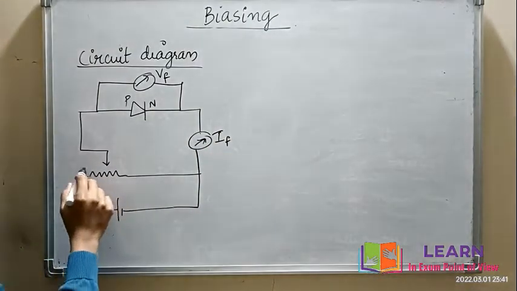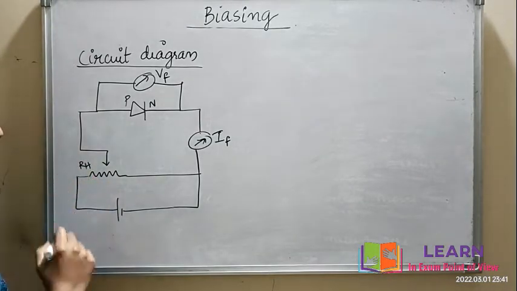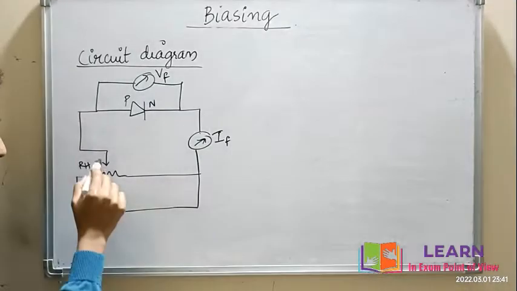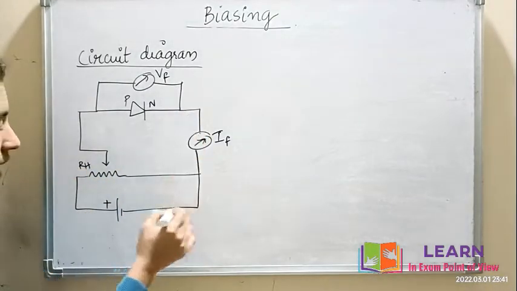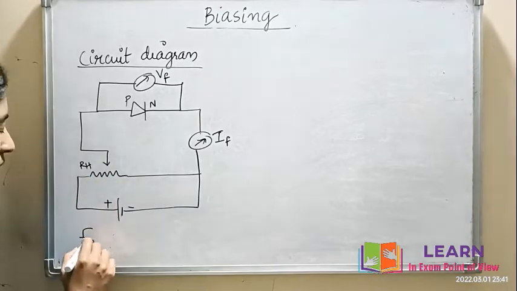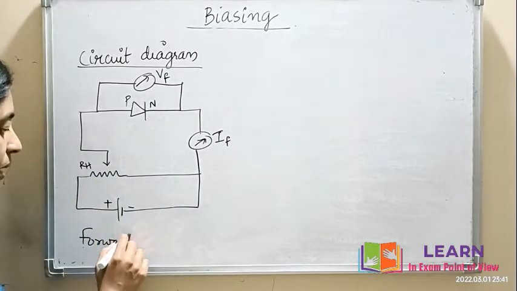And here a rheostat is connected for variable resistance, and the P-type is connected with the positive terminal, N-type is connected with the negative terminal. Thus it is forward biasing.